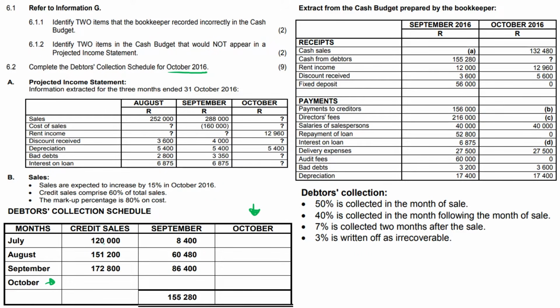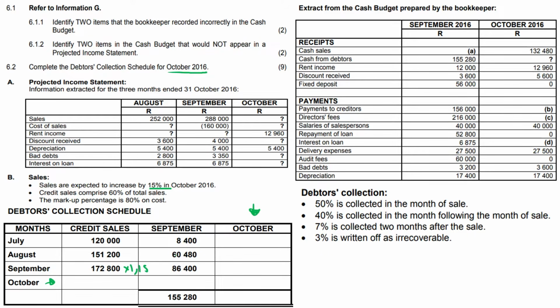Let's just quickly get our credit sales amount here. Feel free to pause the video. We're trying to calculate our October credit sales amount. So if you just take a look at sales, information B, sales are expected to increase by 15% in October 2016. So this 172,800, we multiply it by 1,15 or 115%.